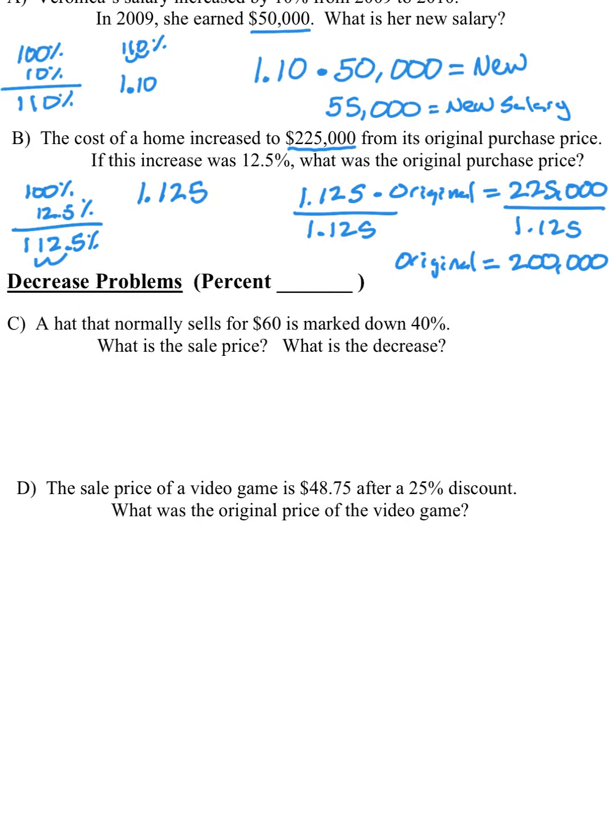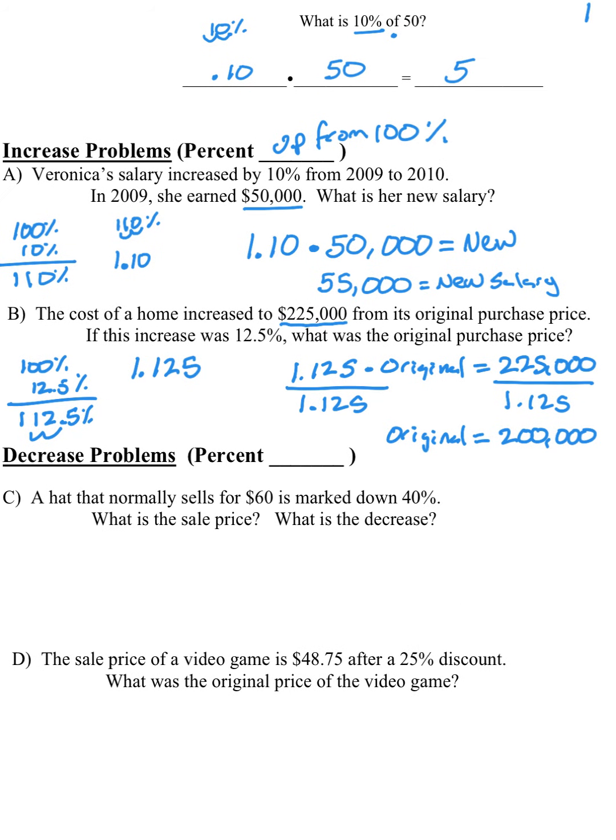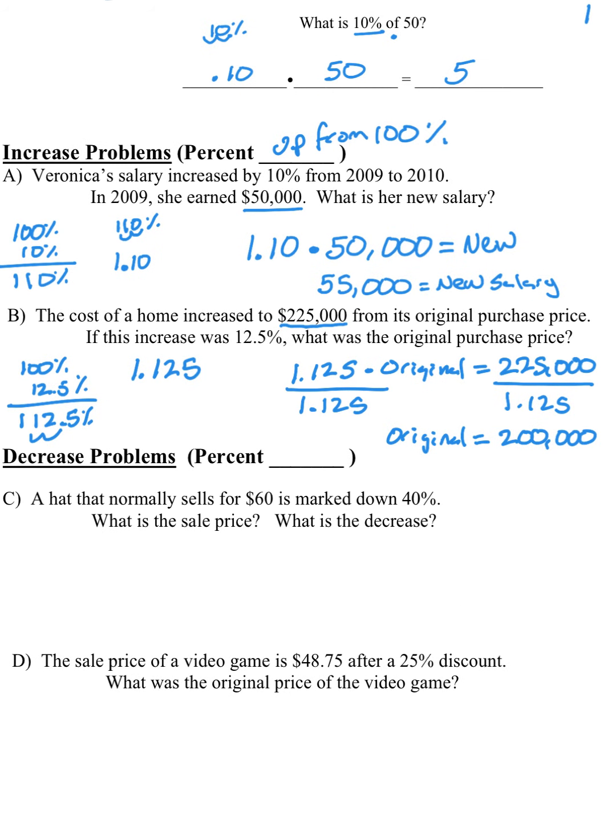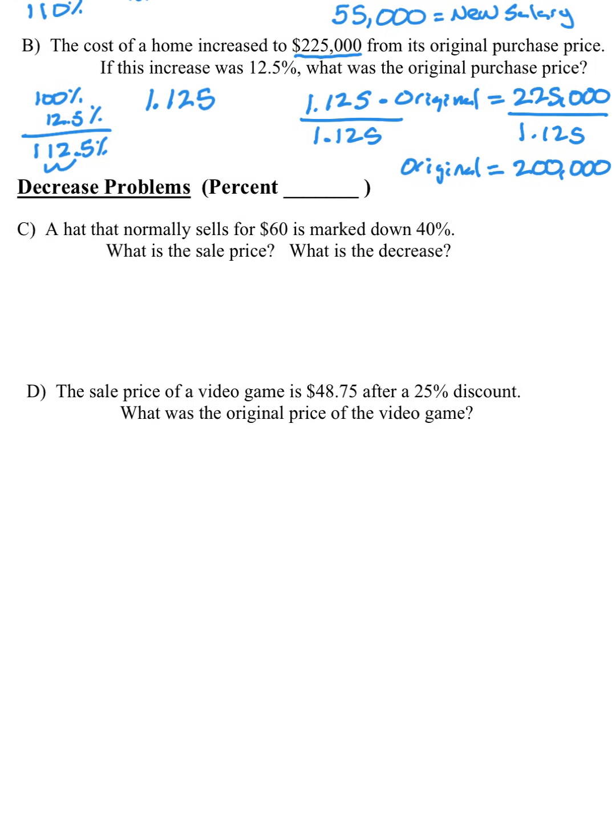All right, so for increase problems, the percent is going up from 100. Decrease problems, the percent is going down from 100. Okay, so a hat that normally sells for $60 is marked down 40%.